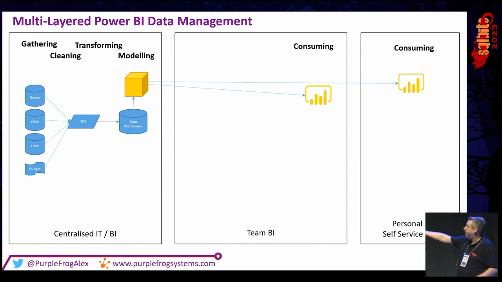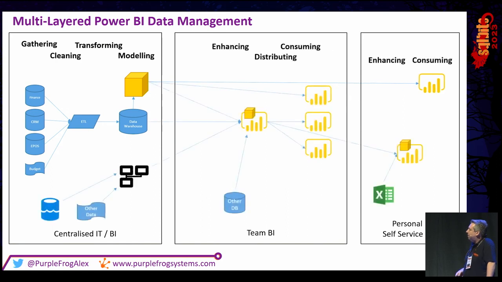And then departments, teams, or projects can then build their own report over the top of it, reusing that logic, as can individuals. But then we can also provide other sources of data for the departmental teams to be able to say, well, I want to take that data and use composite models to layer on top of it and enhance it.